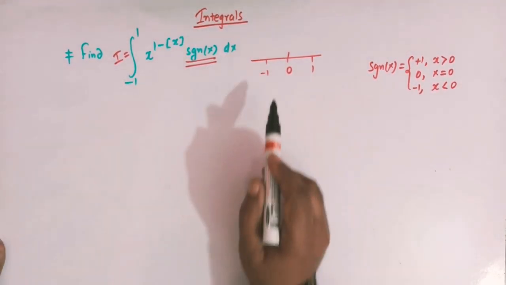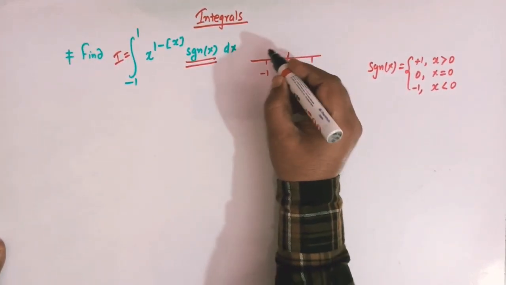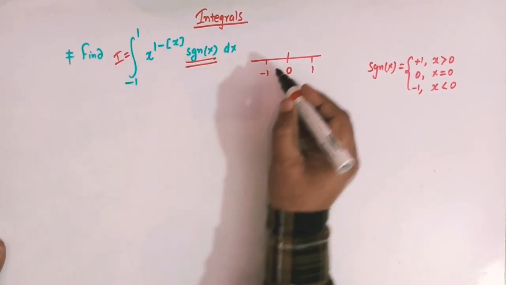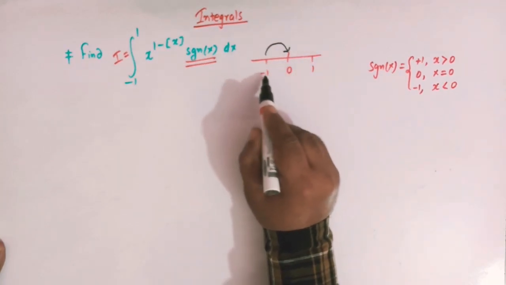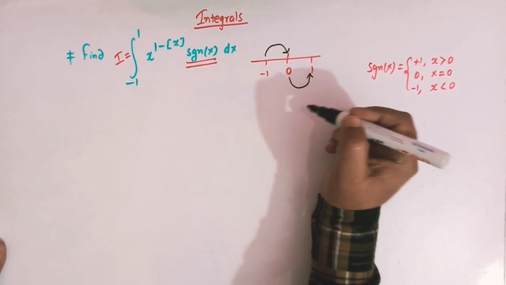Now the limits of integration are from -1 to 1. So we'll break this integral as a sum of two integrals: the first one is from -1 to 0 and the second one is from 0 to 1.